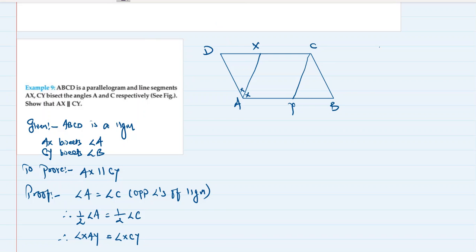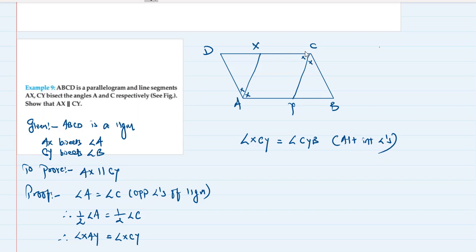Great. So angle A and angle C are equal, so half of angle A and half of angle C are also equal, right? Now, angle XCY is equal to angle CYB, alternate interior angles.